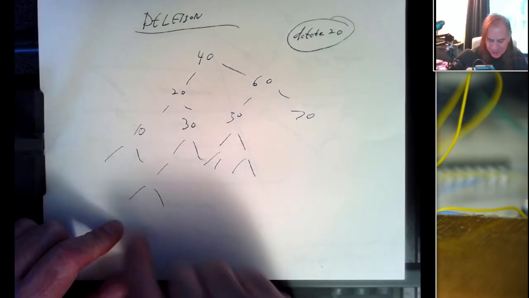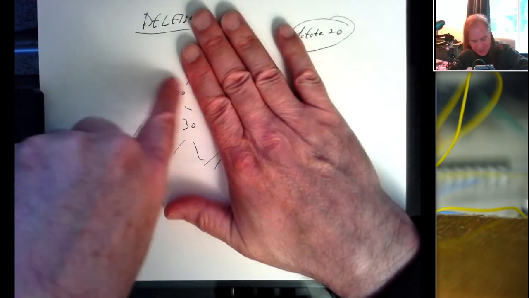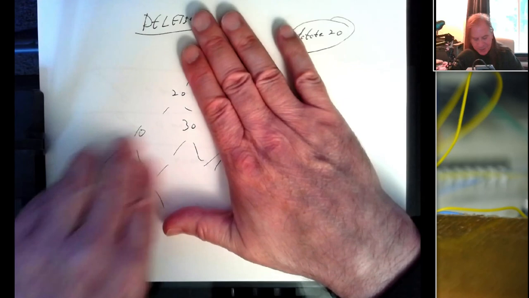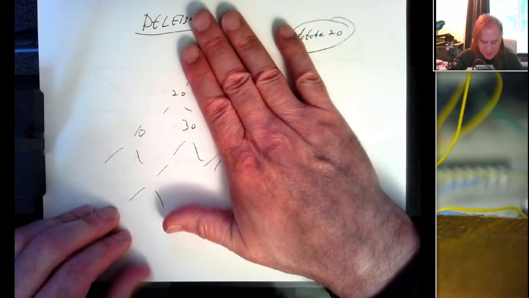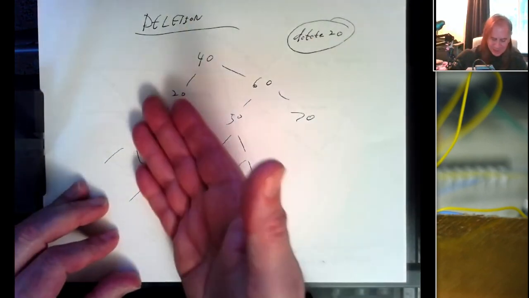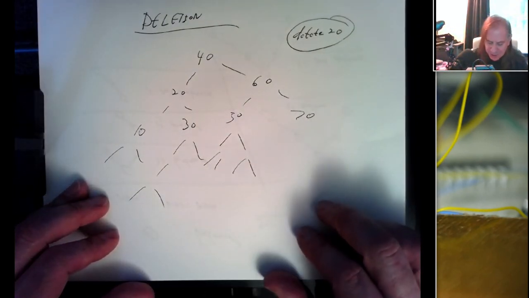And if I want to delete 10 from this original tree, just look at the left subtree and say, hey, delete 10 from this tree, and replace this tree with what you get when you delete 10 from it. So just take this out, replace it with a tree that's missing 10, and leave that as the left subtree of the root, and you're good to go.